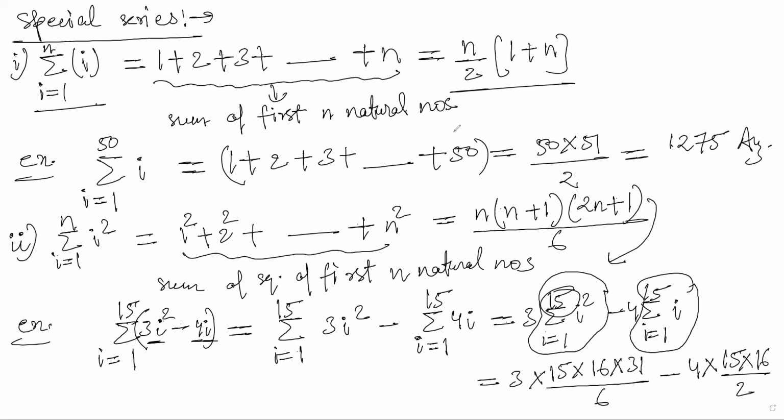I took them common and I got 31 by 2 minus 2. So it should be 27 by 2. 15 into 8 is 120. 120 into 27, I got this should be the answer, after taking things common and subtracting. So the final answer should be 3240. Yes, sir. You can check.